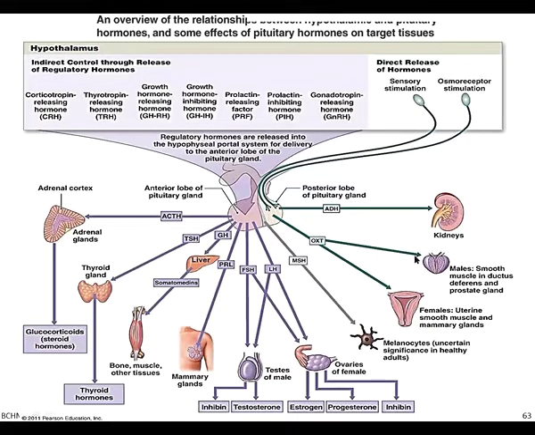In males, oxytocin affects the muscles in the ductus deferens, or vas deferens, which is the duct that carries the sperm, and it will also affect the prostate gland. Another hormone, MSH, melanocyte stimulating hormone, affects the melanocytes, and its significance in healthy adults is not really known until now.